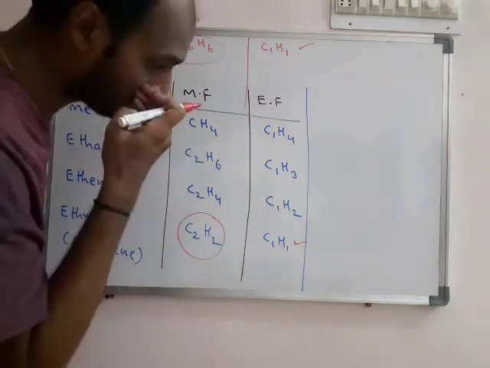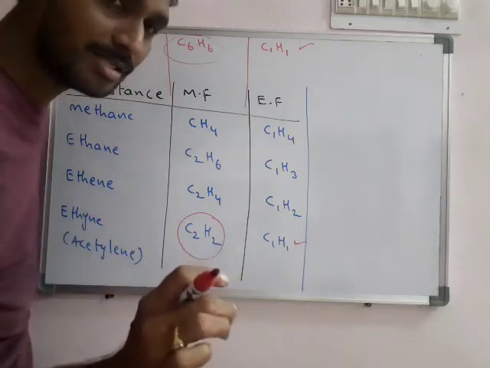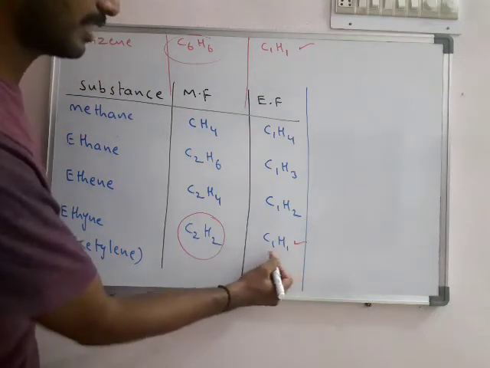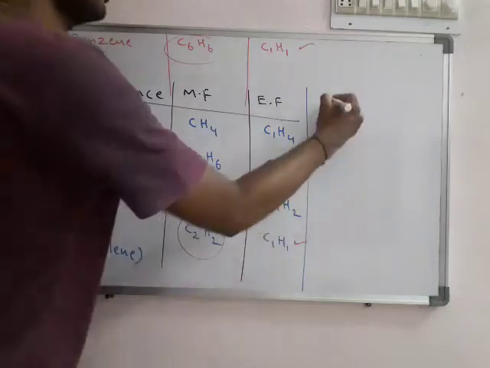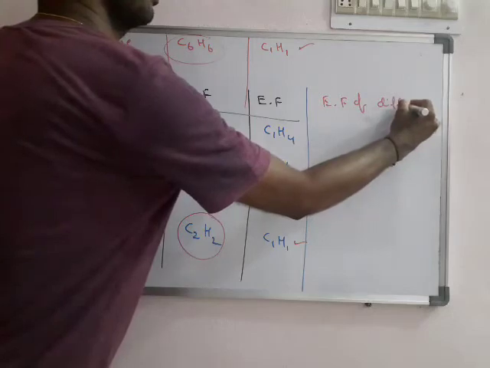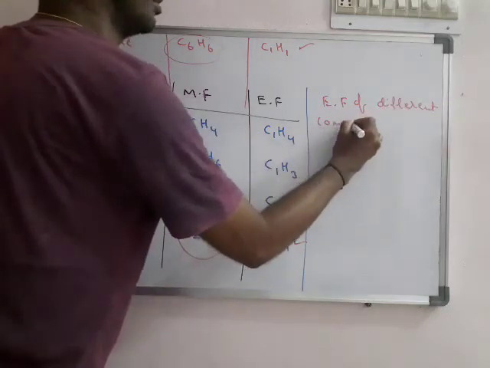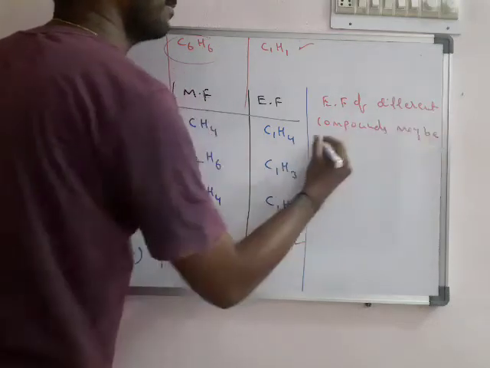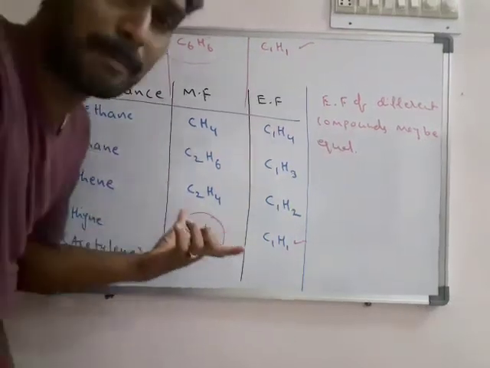But the empirical formula cannot give perfect information, because it only tells about the ratio. The empirical formula C1H1 means the empirical formulas of different compounds may be equal. So they may or may not be equal.